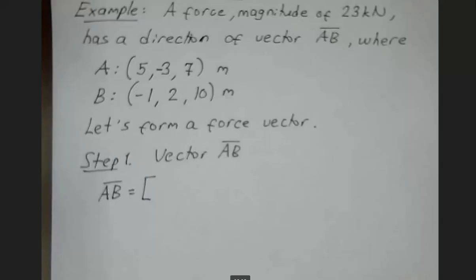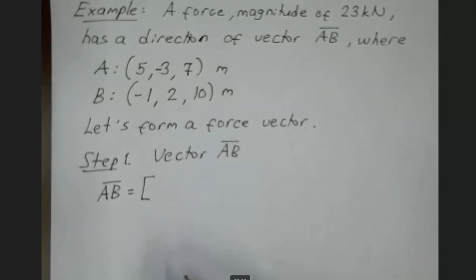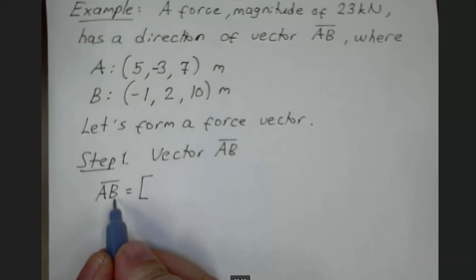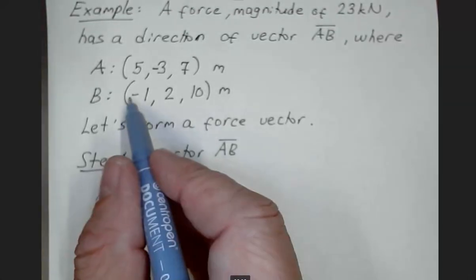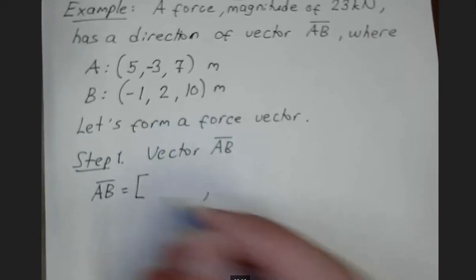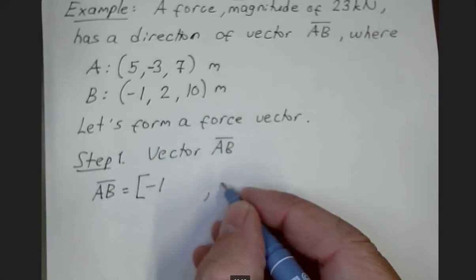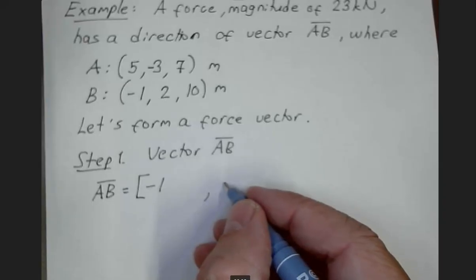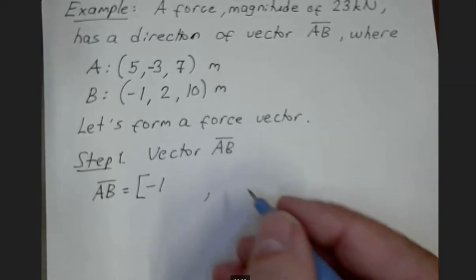The coordinate expression of this vector AB we get when we subtract the coordinate values in that order, so that we start from the point B. So we take coordinates from B in the first place here in the coordinate form of this vector.